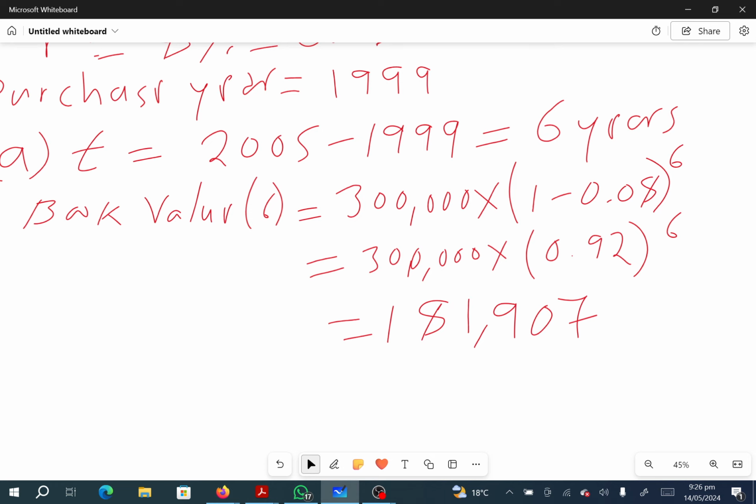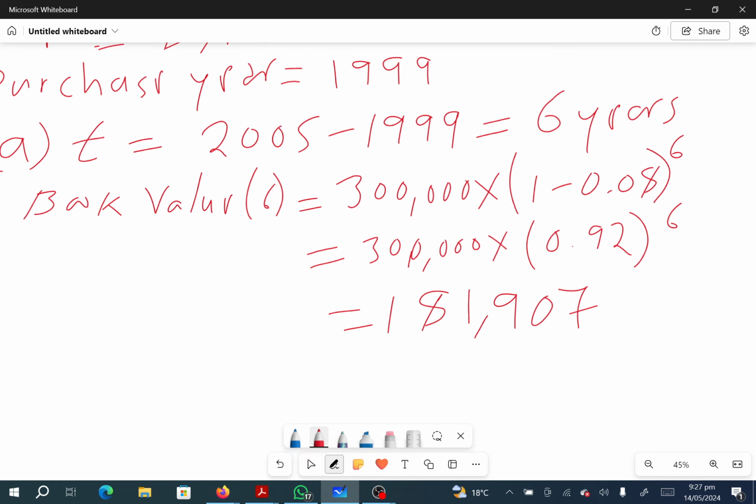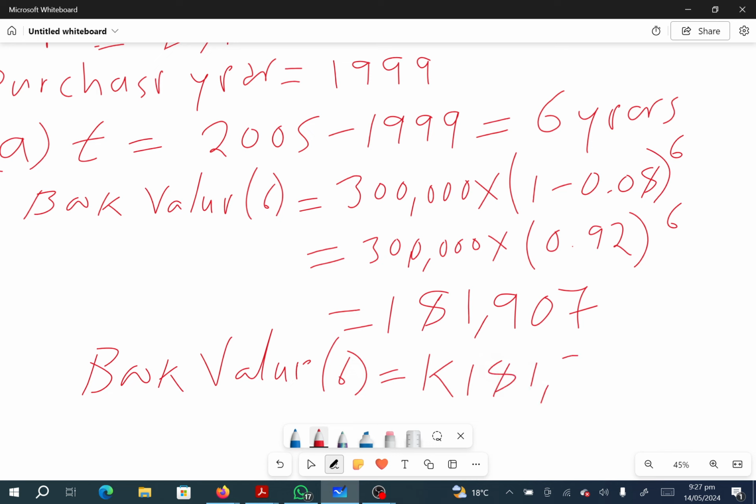So you can say therefore the book value in 6 years time is 181,907.